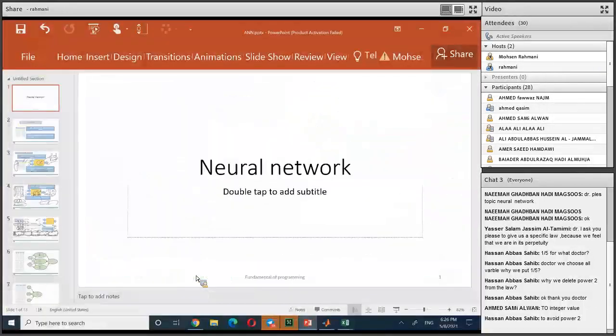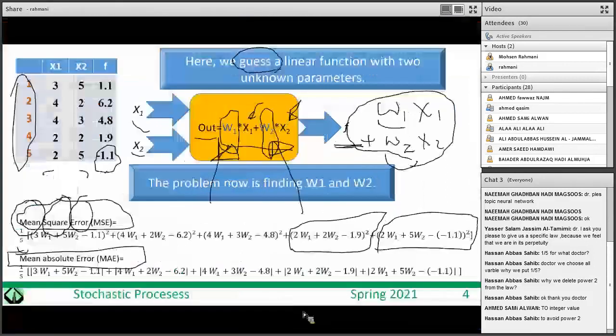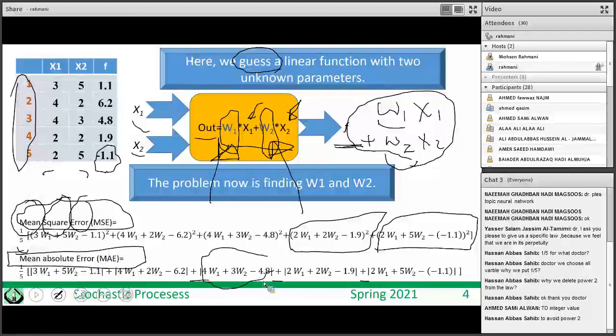This is the error for row 3, this is the error for row number 2, this is the error for row number 5.